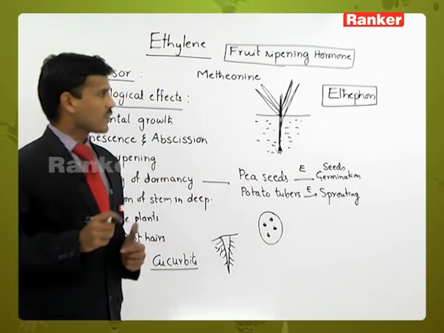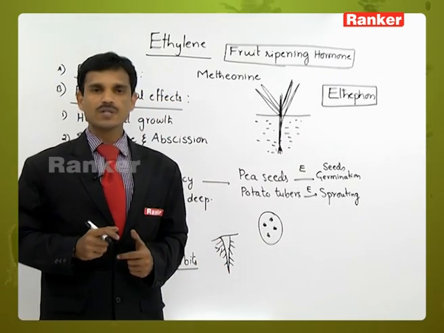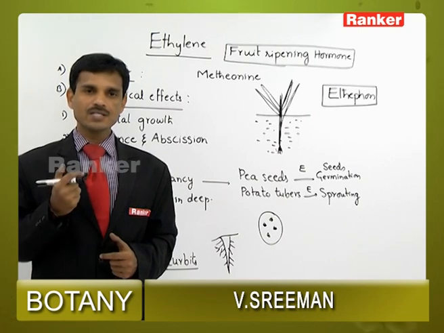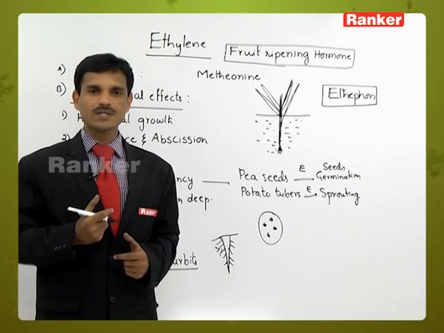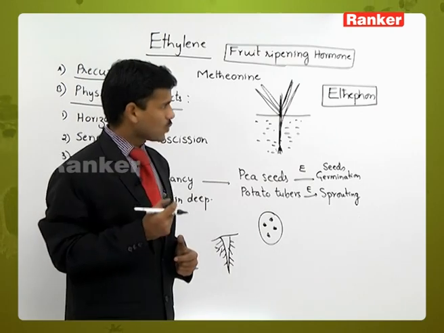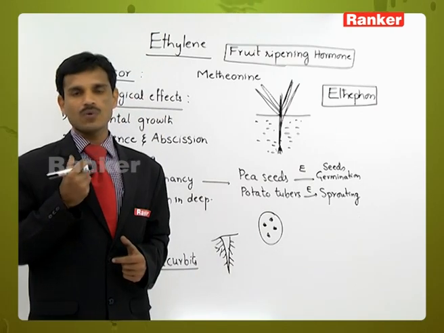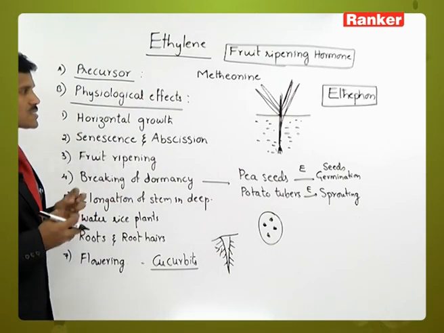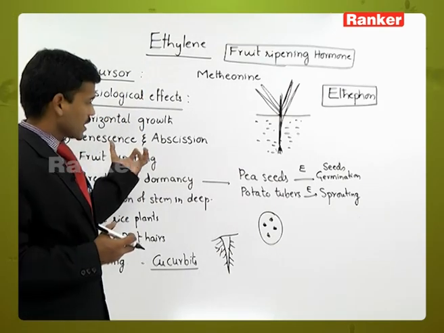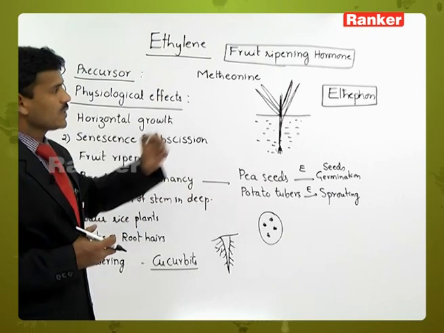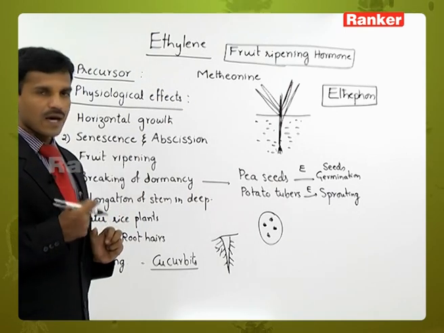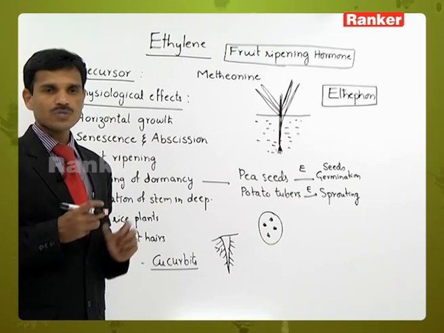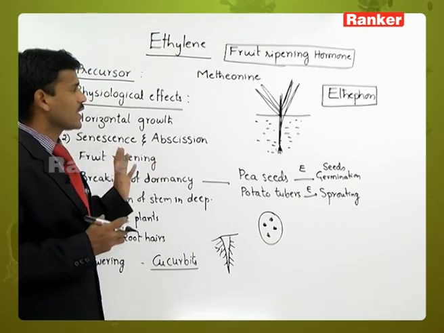When we use the aqueous solution, it is absorbed by the plants and transported to every part of the plant, and it is slowly releasing the gaseous hormone, ethylene. So that is inducing different types of effects. Some are beneficial, some are inhibiting growth also. But ethylene is released inside the plant very slowly. So these are the physiological effects of ethylene.